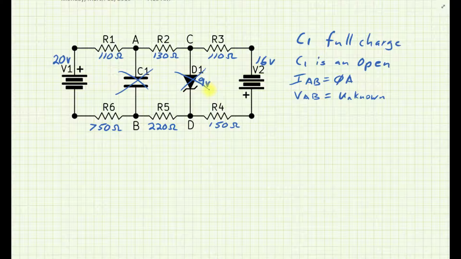So first things first, I'm just going to ignore those two components, and I'm going to maybe do a redraw with them completely gone so that I can just really ignore them. And we'll create a scenario that shows what voltages would be applied from A to B and from C to D, and then we'll go from there.